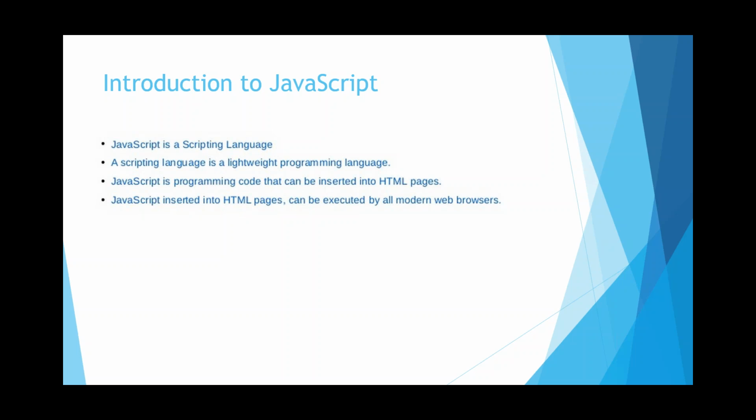Okay, these three combinations, HTML, CSS, and JavaScript, can only be executed by your browsers. So how is it related to MVC? At the end of the day, whatever you have written in MVC, MVC is a web application framework, a web application development technology, ASP.NET MVC.